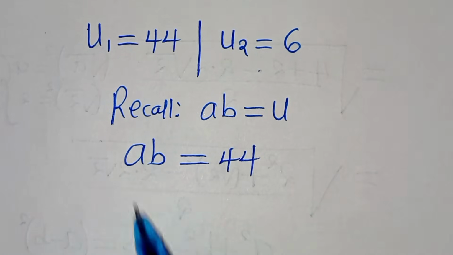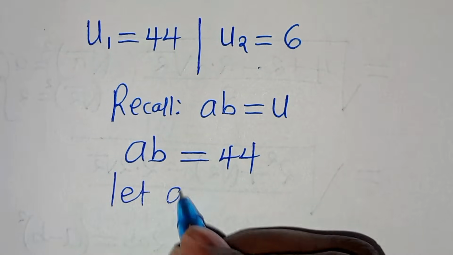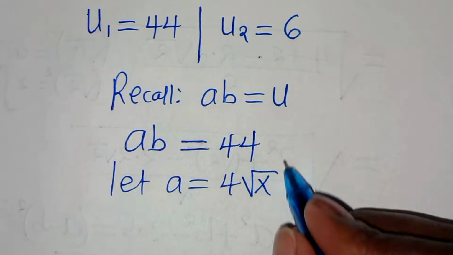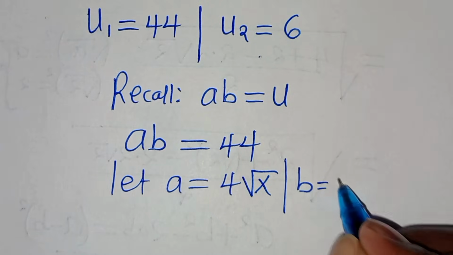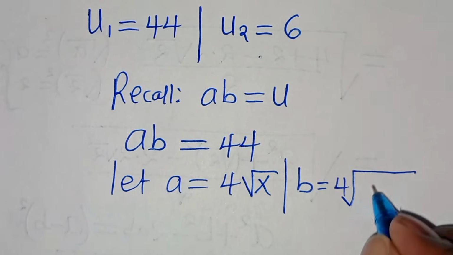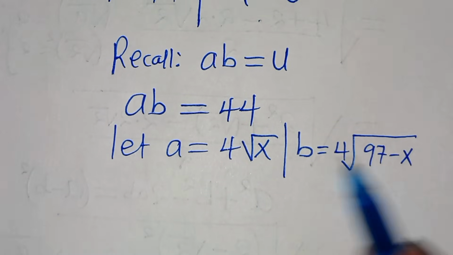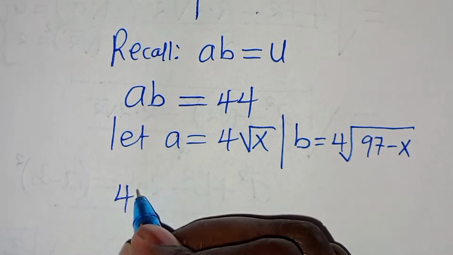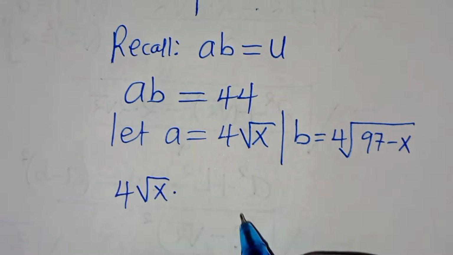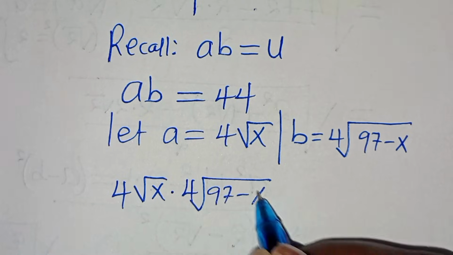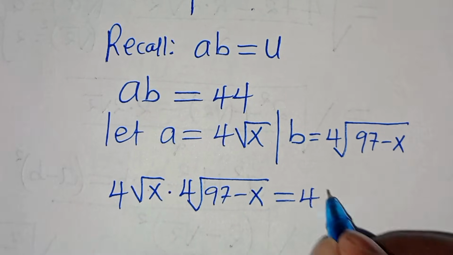And we understand that let a be equal to the fourth root of x, and let b be equal to the fourth root of 97 minus x. So let's substitute this. So this means that the fourth root of x times the fourth root of 97 minus x, this is equal to 44.